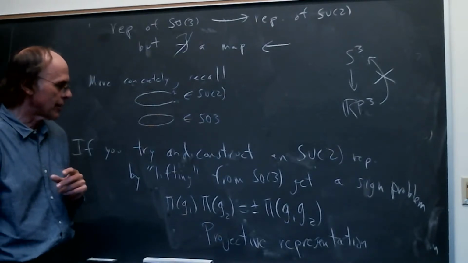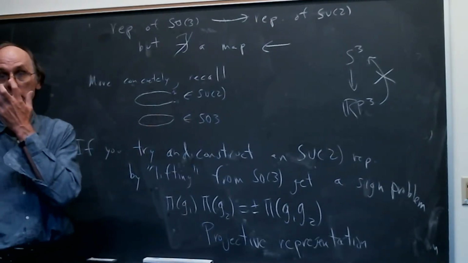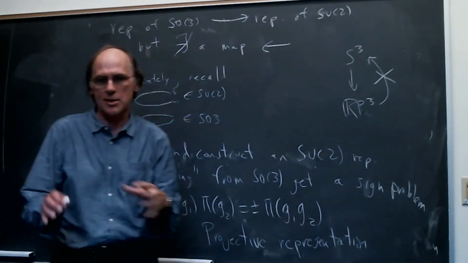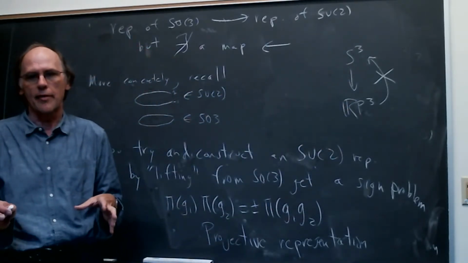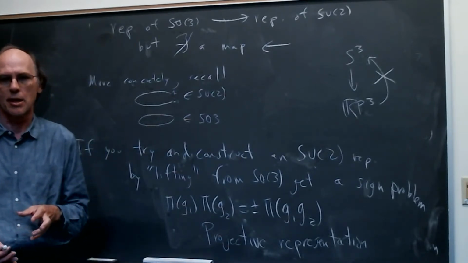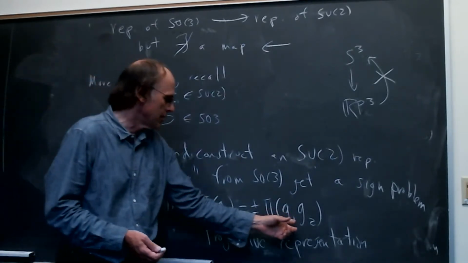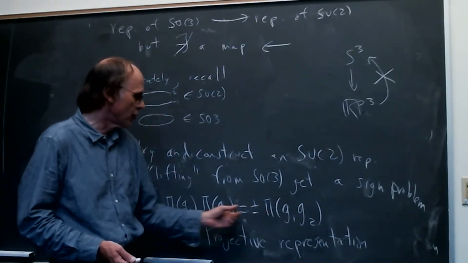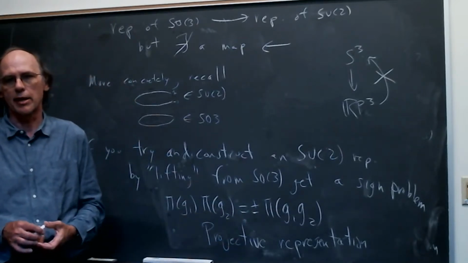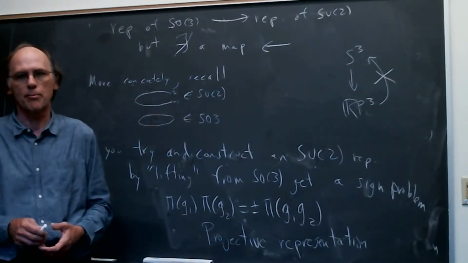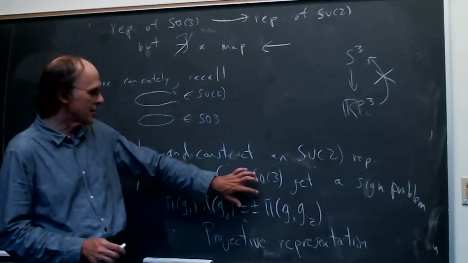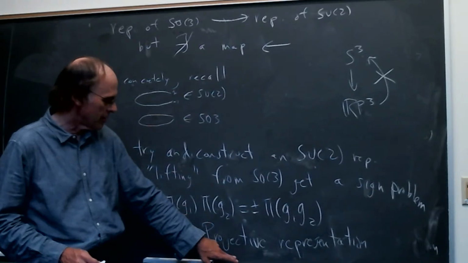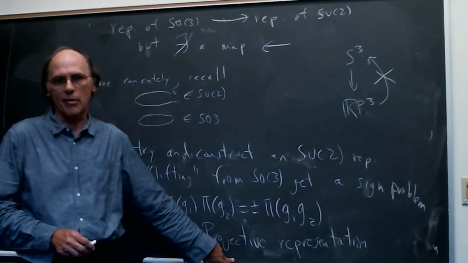One philosophy, which you'll especially find some physicists fond of, is to say, forget all this business about the double cover group. Let me just stick to SO3, which I know and love. And then whenever I see a spinor representation, I'll realize that it's not actually a true representation, it's just a representation up to sign. So this is one philosophy you can pursue: stick to SO3, don't use the double cover, and change your representation theory to projective representation theory.